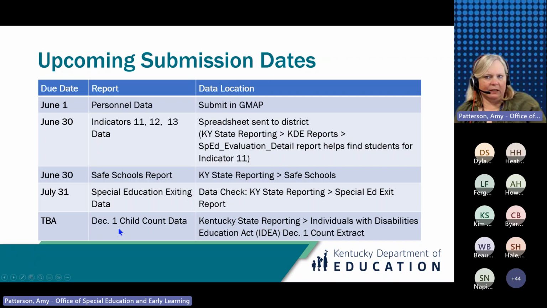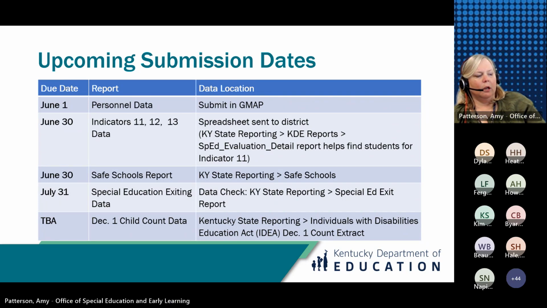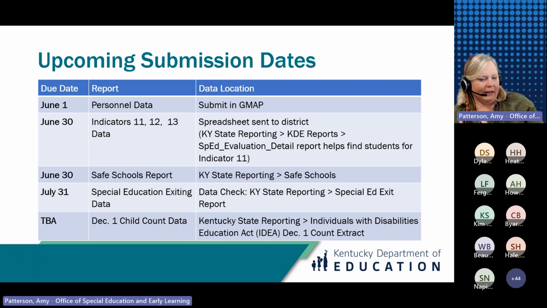The child count data is usually due the Monday after child count. However, December 1st falls on a Friday this year. I've talked to some people, and the problem is we have to pull it on a Monday, but the report runs at the Friday close of business.